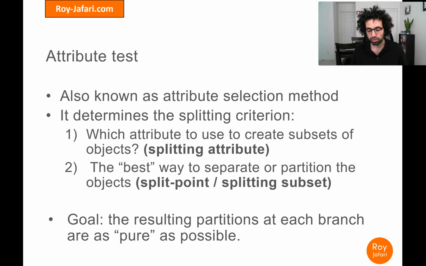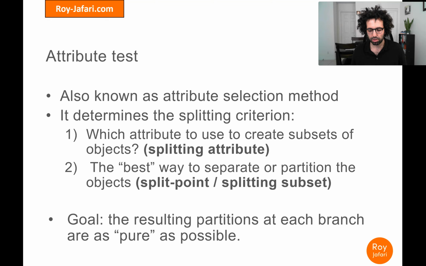Then we chose customer income. So that's the first thing that attribute test does for us. And then also it is in charge of making sure to choose the best split possible for that specific attribute we have selected. And the goal is for us to have the branches that are as pure as possible. So that's the goal of attribute test.